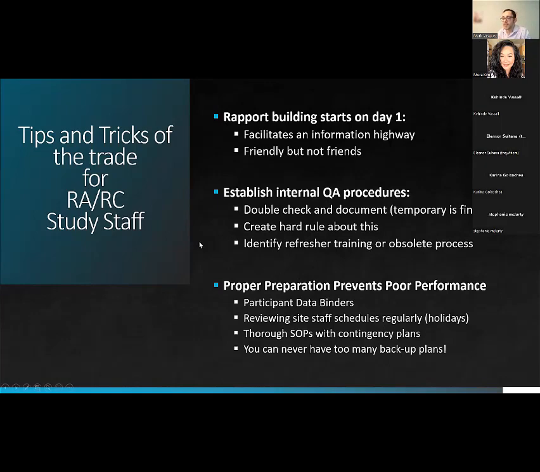This is something that I know the sites that I was with benefited from hugely, and that was creating a hard rule that, let's say, this piece of paper does not leave this pile until somebody else comes and grabs and double checks it. And it just reduces the amount of monitoring fines.